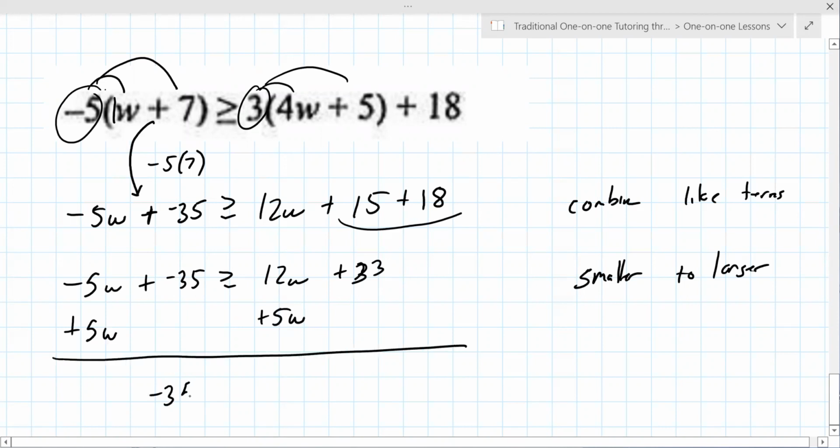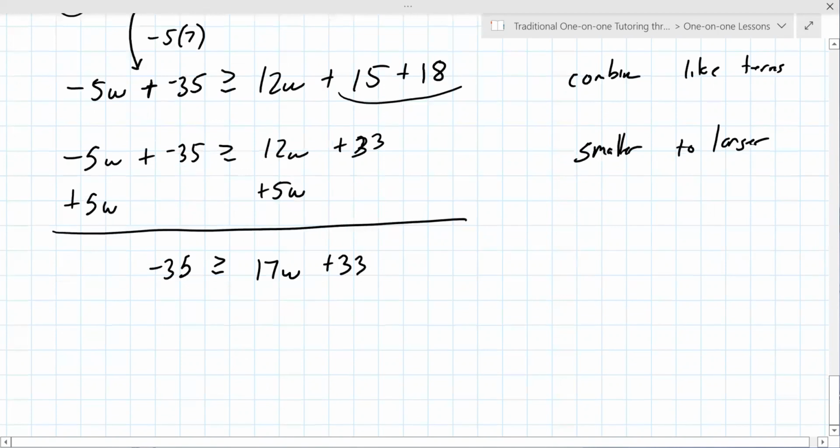Okay. We've got -35 greater than or equal to 17W plus 33. Now, what say you? What do you see here in terms of solving this? You want the 17W on the left side of. Well, yeah, we can do that at the end though.